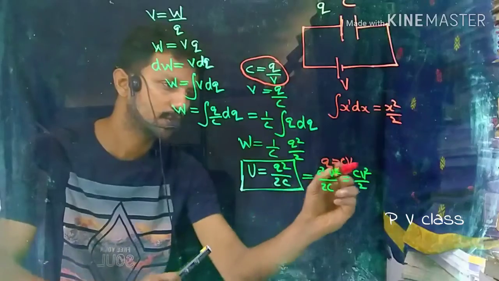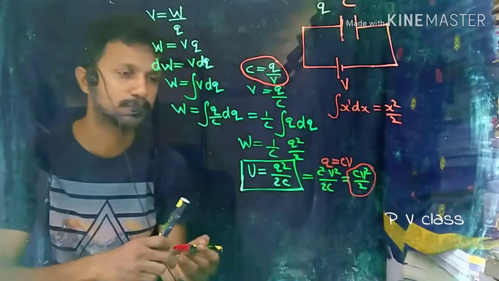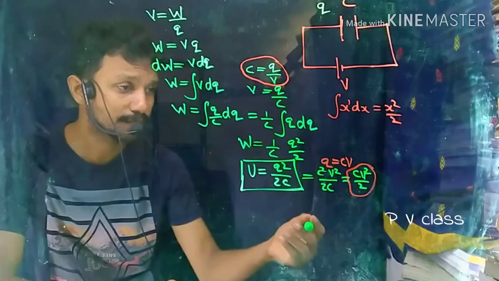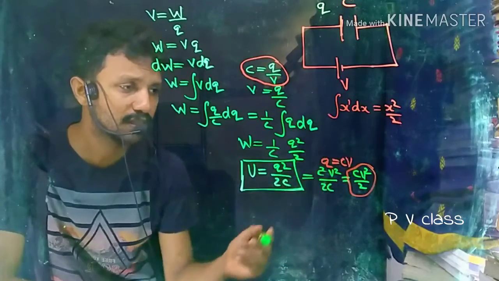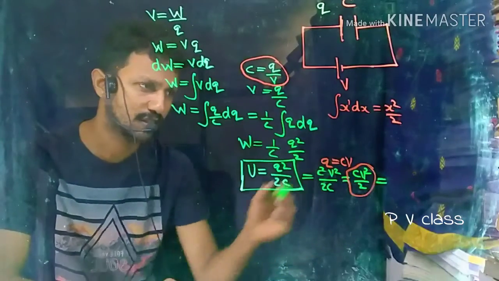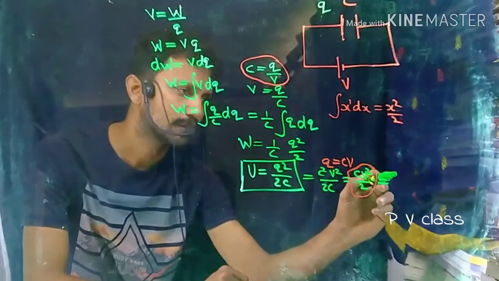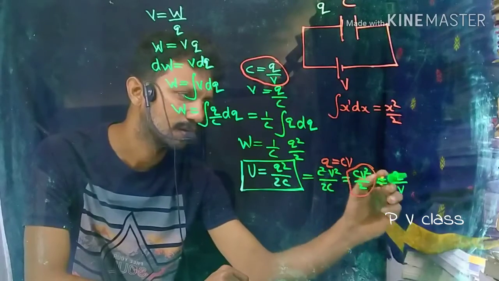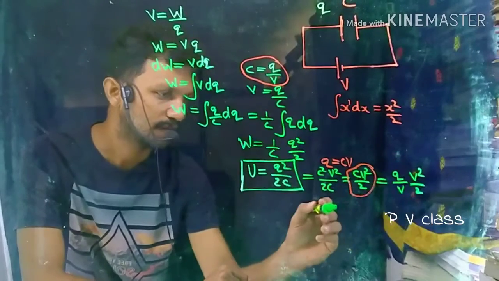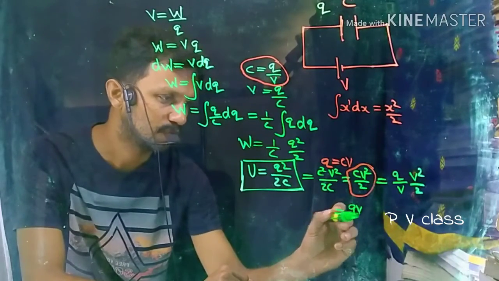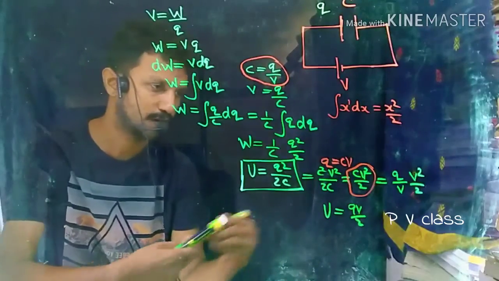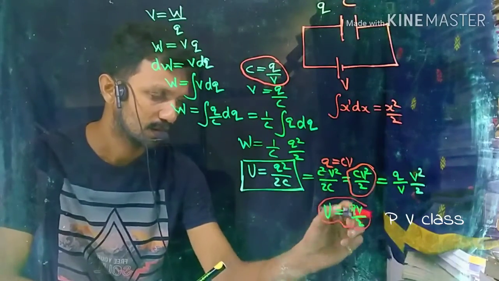And CV square by 2 is another expression for energy stored in the capacitor. Next, let's substitute for C in this equation. Since C is equal to Q by V, we could get Q by V into V square by 2. Therefore, we will get QV by 2.